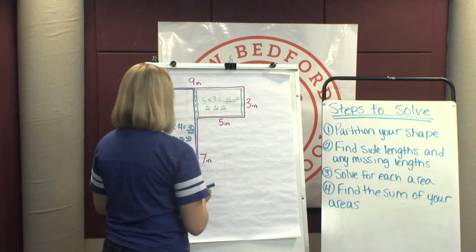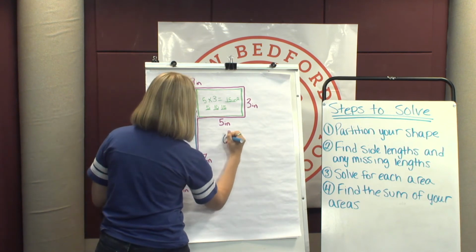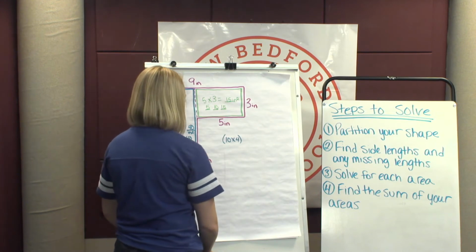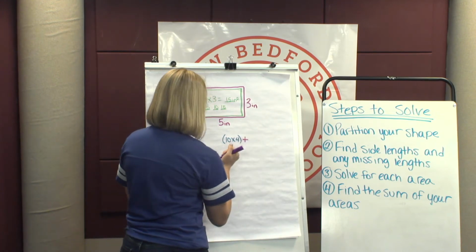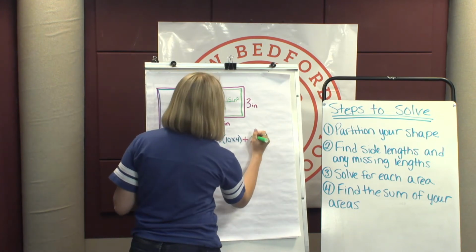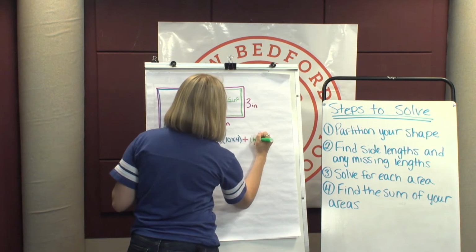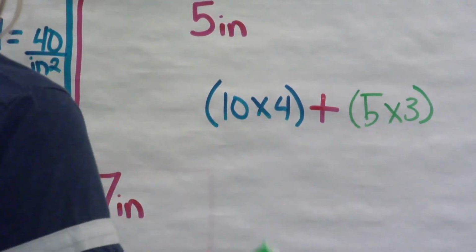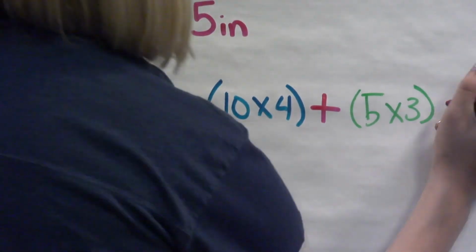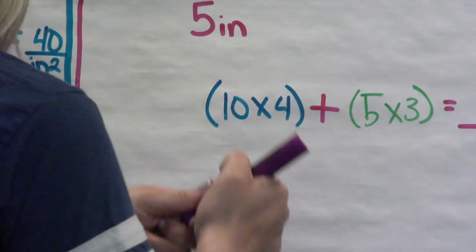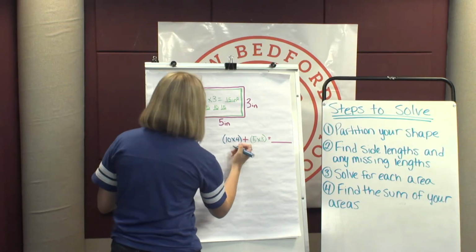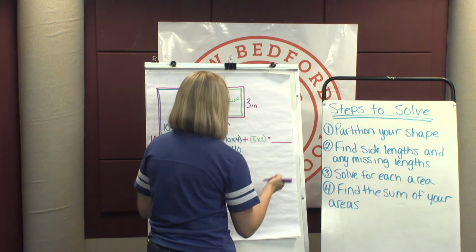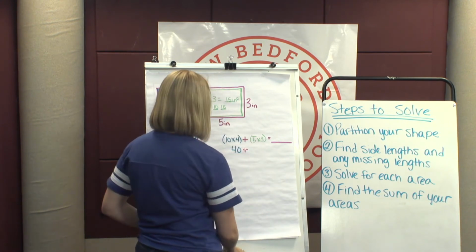So I'm going to write this out as my problem. 10 times 4 plus 5 times 3. I know that 10 times 4 gives me 40, and I'm going to be adding 15.